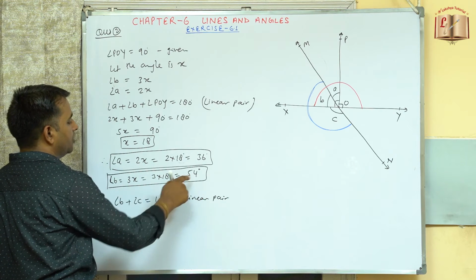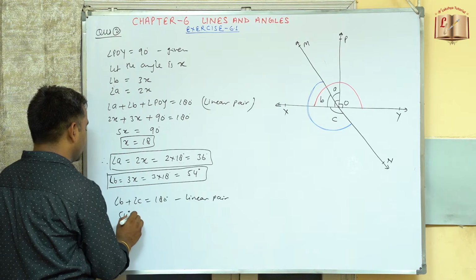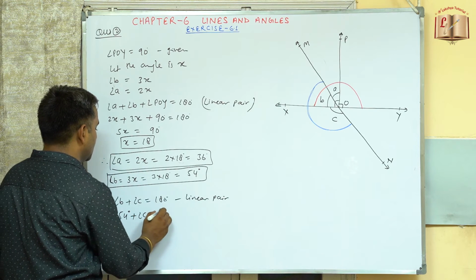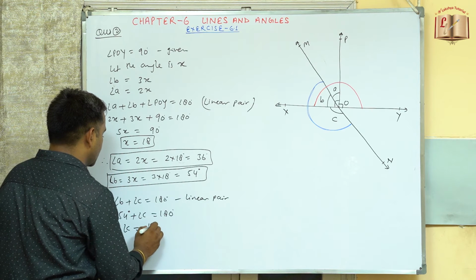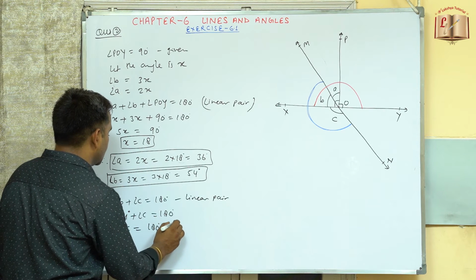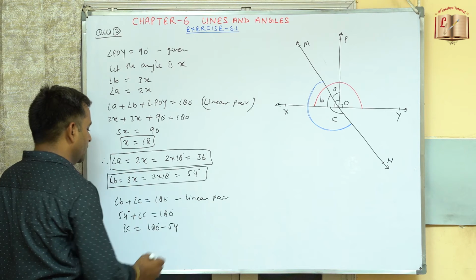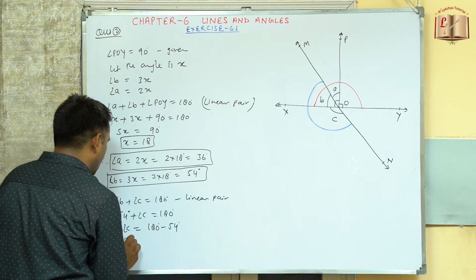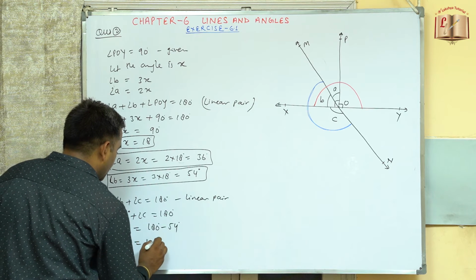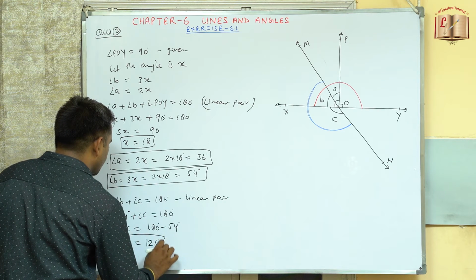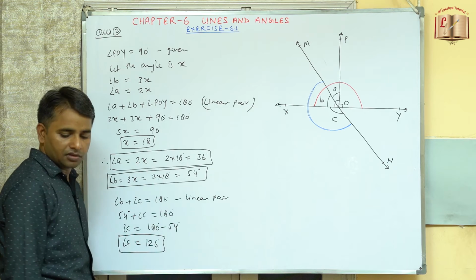Angle B is already known, 54, so I can write 54 plus angle C is equals to 180 degree. So therefore angle C equals to 180 degree minus 54. So angle C comes out to be 126 degree. So we got all the angles.